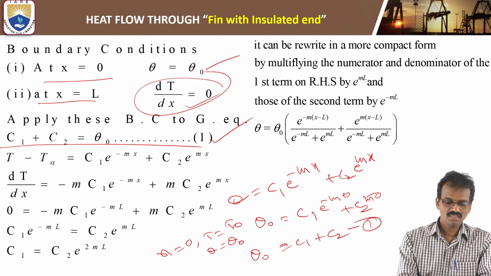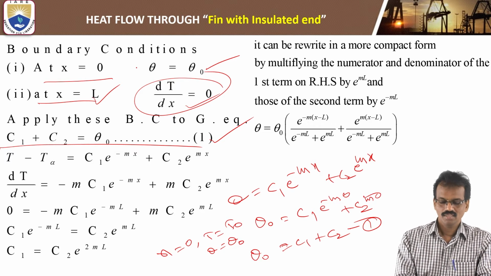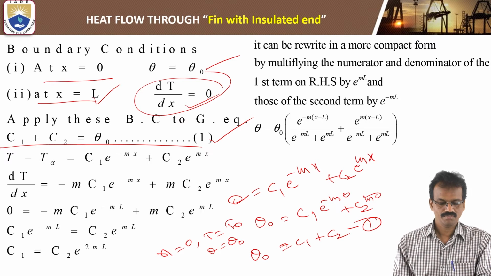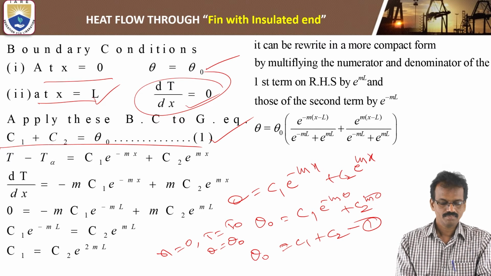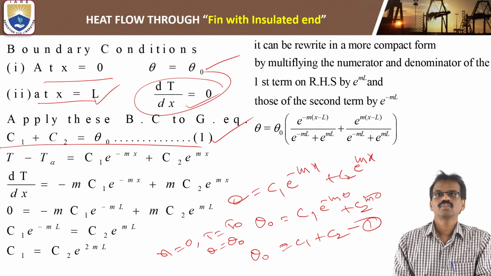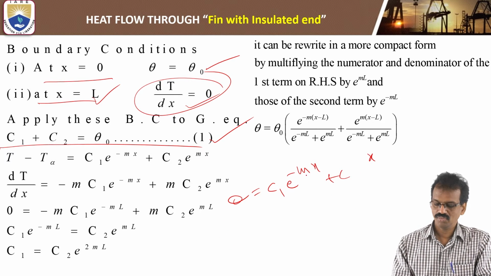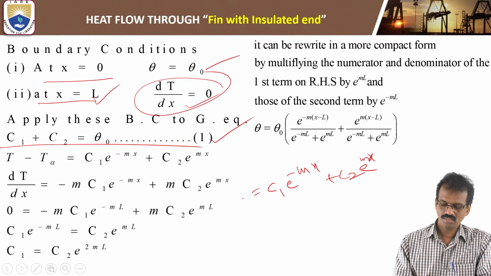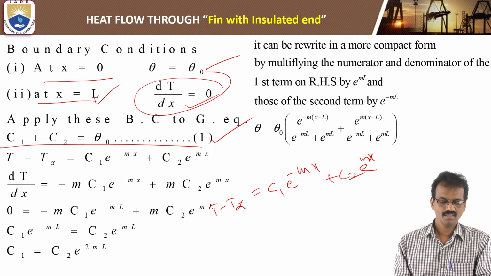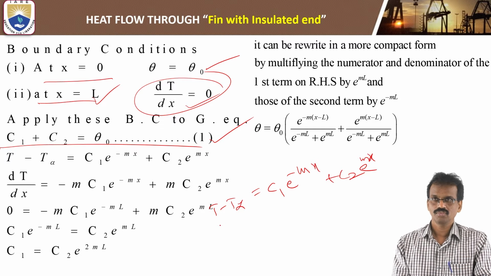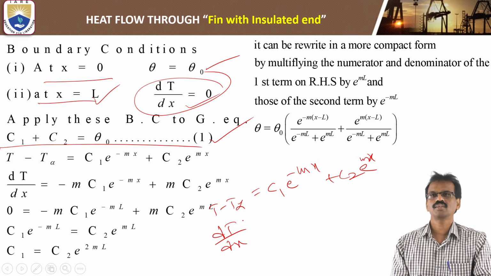What is the second boundary condition? At x is equal to L, dT by dx is equal to 0. You know the general equation: theta is equal to C1 e to the power of minus mx plus C2 e to the power of mx. Theta is nothing but T minus T infinity. If you differentiate this with respect to x, that is dT by dx, because T infinity is constant with respect to x, that term will be 0.